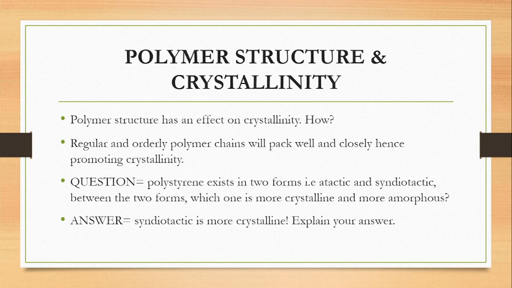Who is able to explain why the syndiotactic is more crystalline and the atactic is more amorphous? Please let us contribute there. I'm not proceeding until somebody says something here. The question is there and the answer is there. We're trying to explain the answer there.